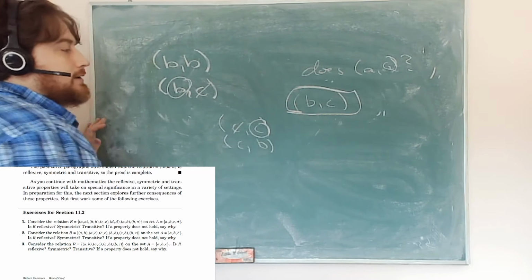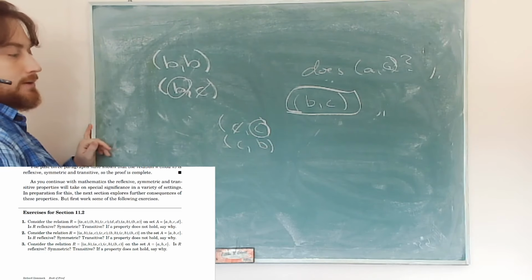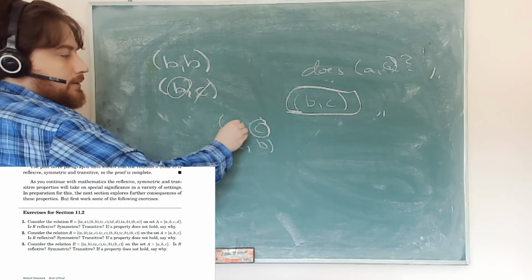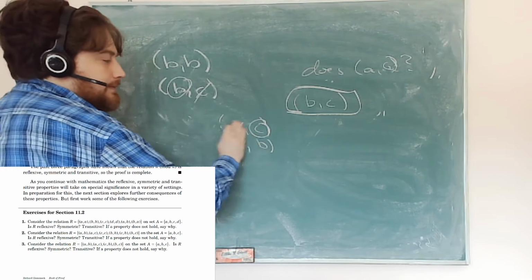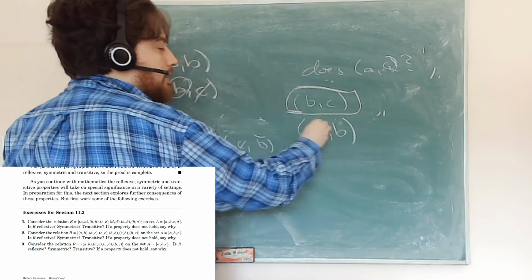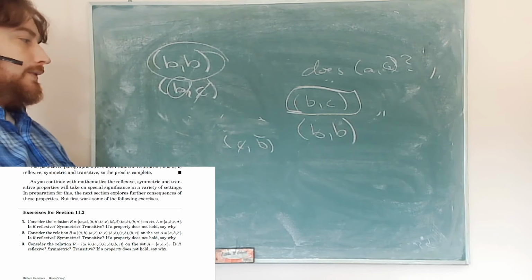Is BC in the set? Yes, BC is in the set, so therefore we're still satisfying it. The next one I would have is to remove these two, and the question is, is BB in the set? And yes, BB is in the set, so we're still satisfying transitivity.